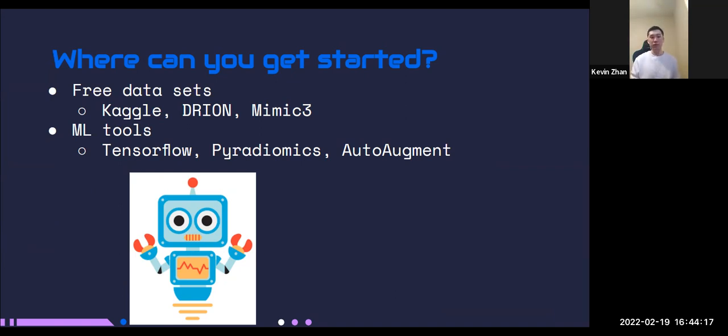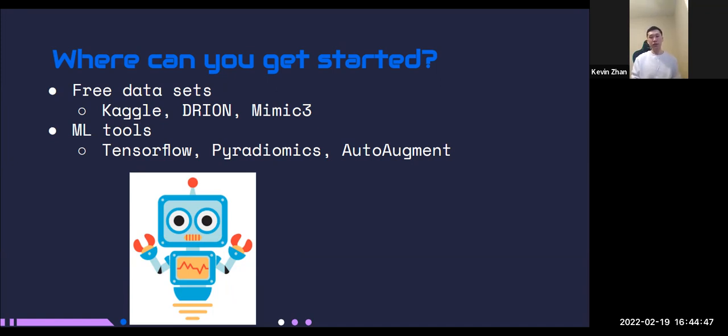I believe there's a lot of COVID data on there too, and a lot of other things. Tryon, I believe, is a data set for fundus images, and MIMIC-III is one of the bigger free patient databases out there that you can work with. If you have a research question, there's probably data out there that you can look at and play with and maybe test out your hypothesis.